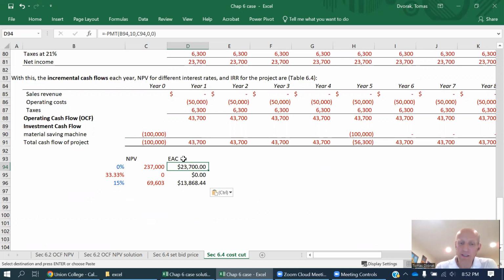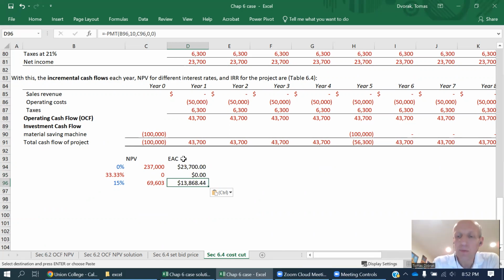With 15% discount rate, 2 times 5-year machines is the same equivalent annual cost as one-time 5-year machine, and it's a much higher equivalent annual benefit in this case, because it's a positive number, than the 10-year machine.